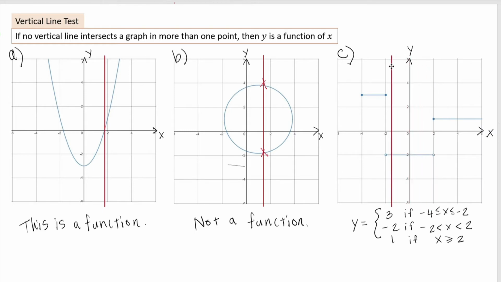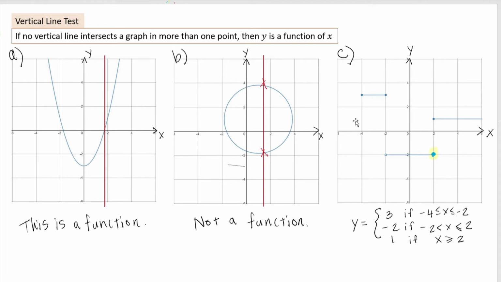Similarly, when the vertical line x is equal to negative 2, that line intersects the graph only once, so this is a function.